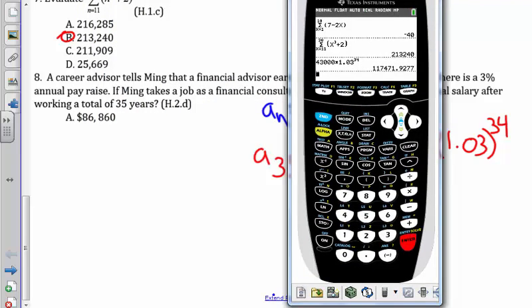So it looks like she is going to make about $117,000. Apparently I don't have that option, so hopefully on your handout it's got the answers A, B, C, and D printed out. So 117,472. That would be how much she makes in her 35th year.